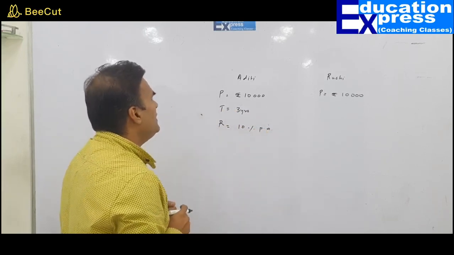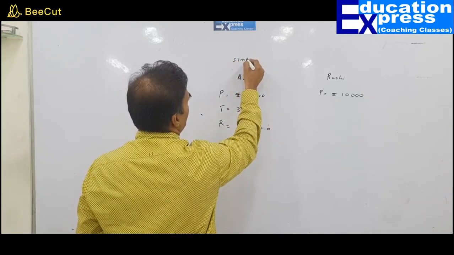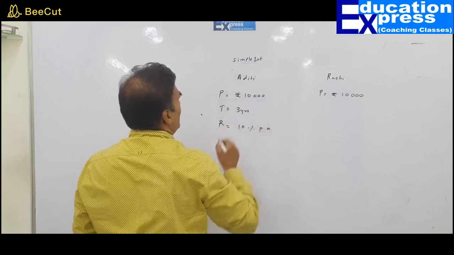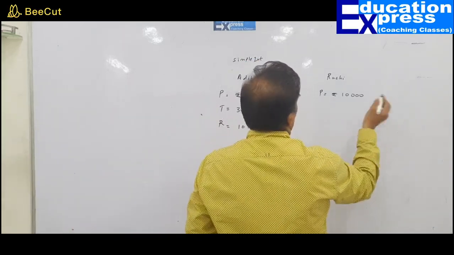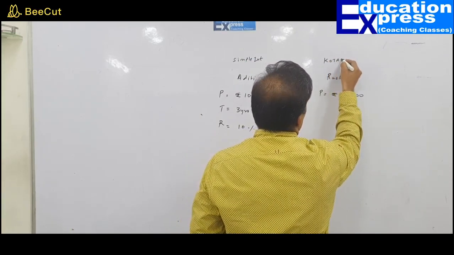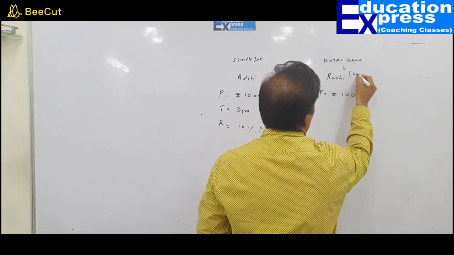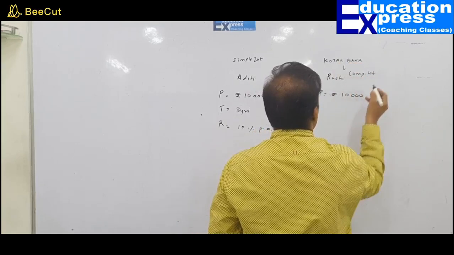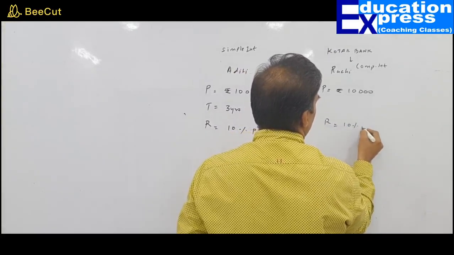Now Aditi invested with a bank who pays simple interest, whereas Ruchi was very smart, so she thought, I will go to Kotak Bank, and Kotak Bank is offering me compound interest. Same, what is the rate? So same rate, 10% per annum.